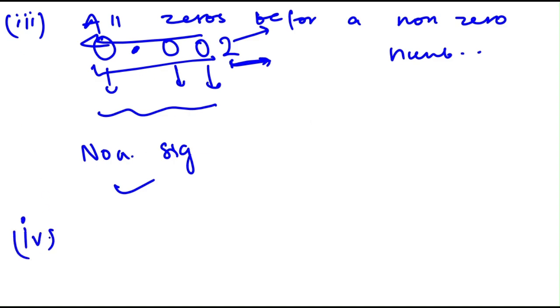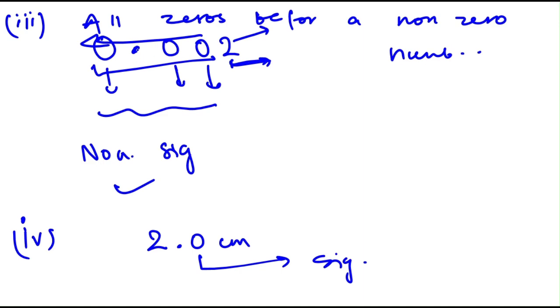Now there is another case. Let's say we have reported a value as 2.0 centimeters. What should we say about this zero? Is it significant or not? This zero is actually a significant figure. There is nothing to be confused about here.